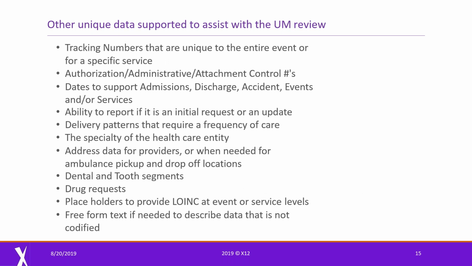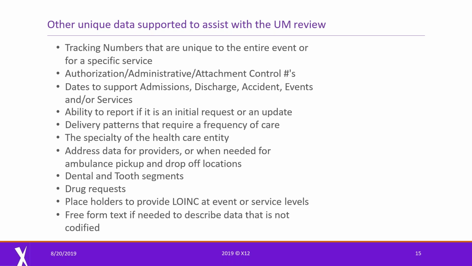There's really many other unique data elements that support or assist with the review and the provider's ability to describe the requests when they're sending their information to the payers or UMOs. There are different tracking numbers, for example, within the 278 that are unique to either the event level or service level. And those tracking numbers, when we're talking about the TRNs, for example, are used to track through the whole life cycle, from the time that the 278 is created all the way to the time that the 278 is returned back to the sending entity.